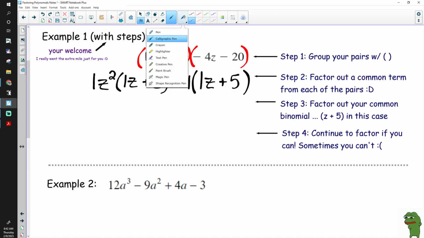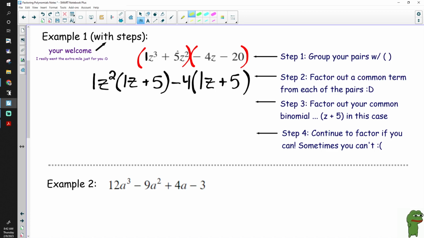Do you see how our two groups now are exactly the same? If we took out a +4, then these would not have looked the same. So after step 2 is done, you should notice that both groups in your parentheses are now exactly the same factor.